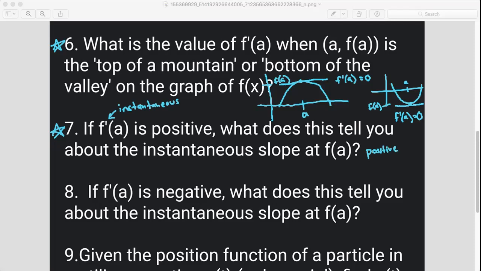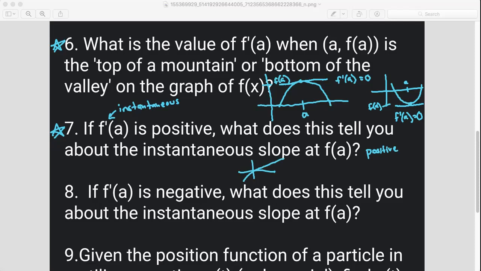So for example, if you had some function at a, you know that the function would be increasing because that slope would be positive. And when the derivative is positive, the function is increasing.